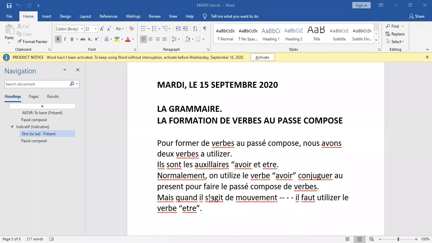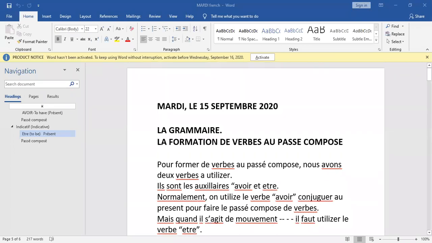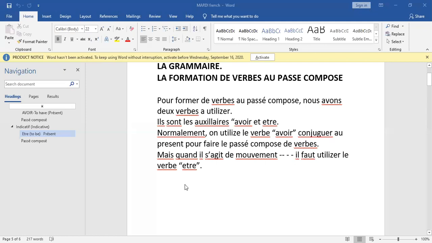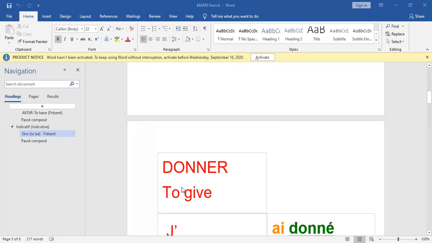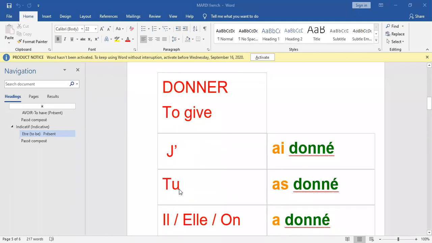And when they use avoir to go into the past, their past participles, their end forms are all the same. For example, we have seen what? The verb donner, which means to give. And for all regular ER verbs, please remove R, and add what? Accent aigu on top of letter E, as it is here.